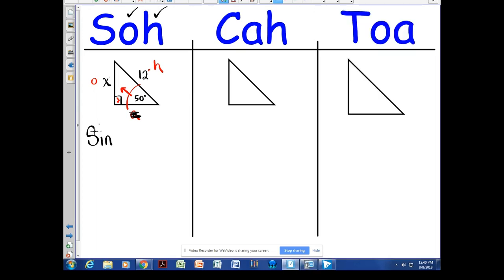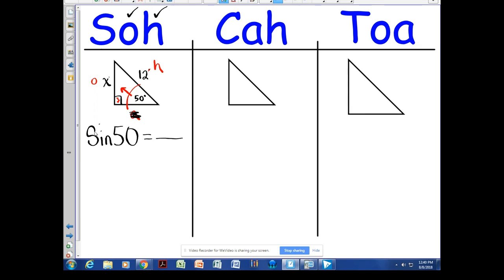After I've chosen my function, I'm always going to connect to the function the angle that I'm using. In this case, I'm using a 50-degree angle, so I'm going to write sine 50, and I'm going to put an equal sign and a line to start a fraction.